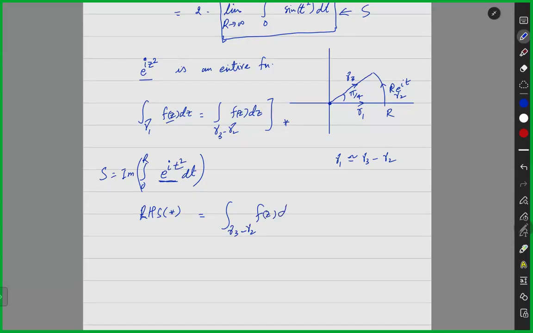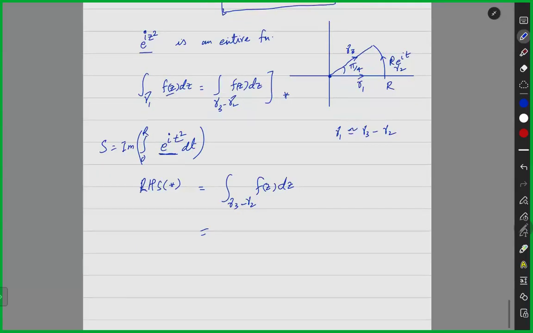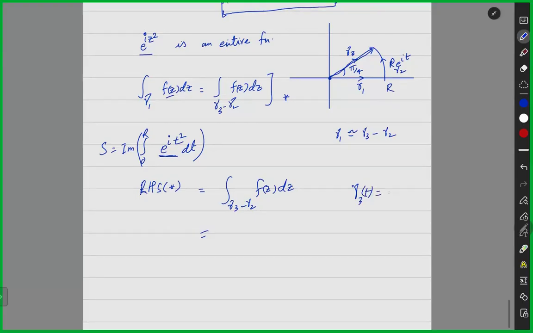Now in place of gamma 3, what do we have? Gamma 3 is this line, which is gamma 3 of t equal to t e power I pi by 4, t running from 0 to r.